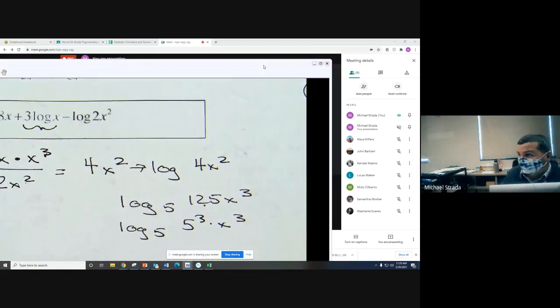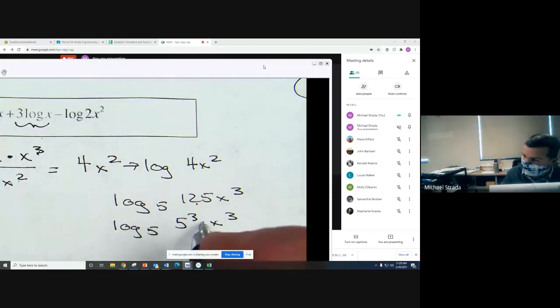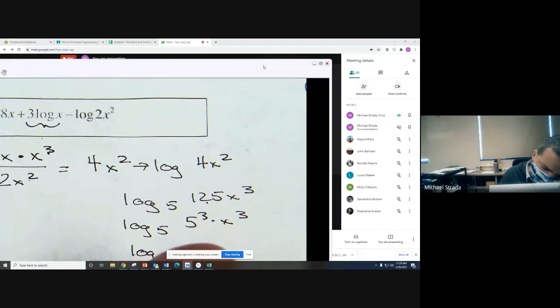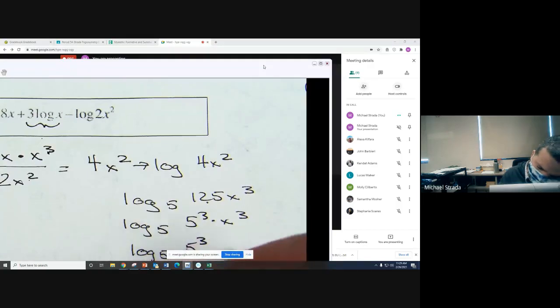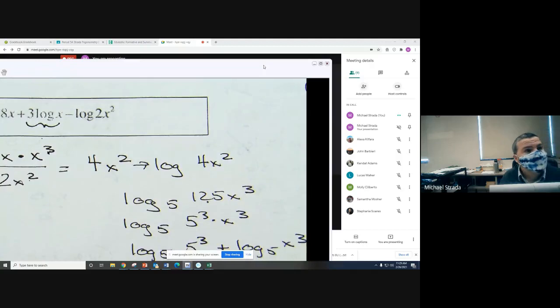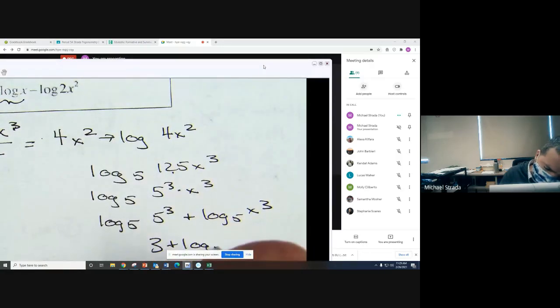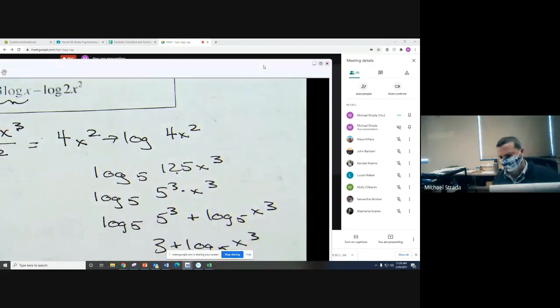And you would be given directions to do this. And then instead of condensing like we did, we'd expand. So this would become the log 5 of 5 cubed plus the log 5 of x cubed. And then you would have 3 plus log 5 of x cubed. But we'll focus on that on Monday.